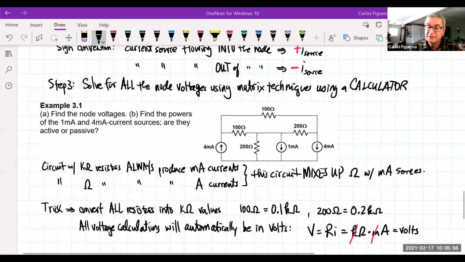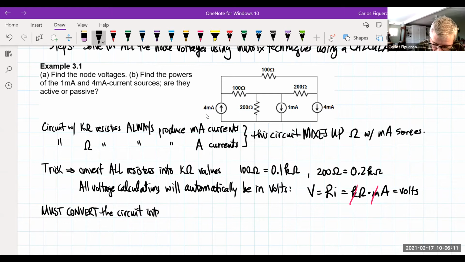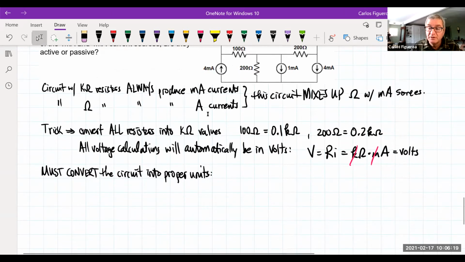So let's check this out. It goes like this. My job here is that you must convert the circuit into proper units. So here I go. I'm going to redraw my circuit. What does my circuit look like? Well, I got a current source, and this is a 4 milliamp.